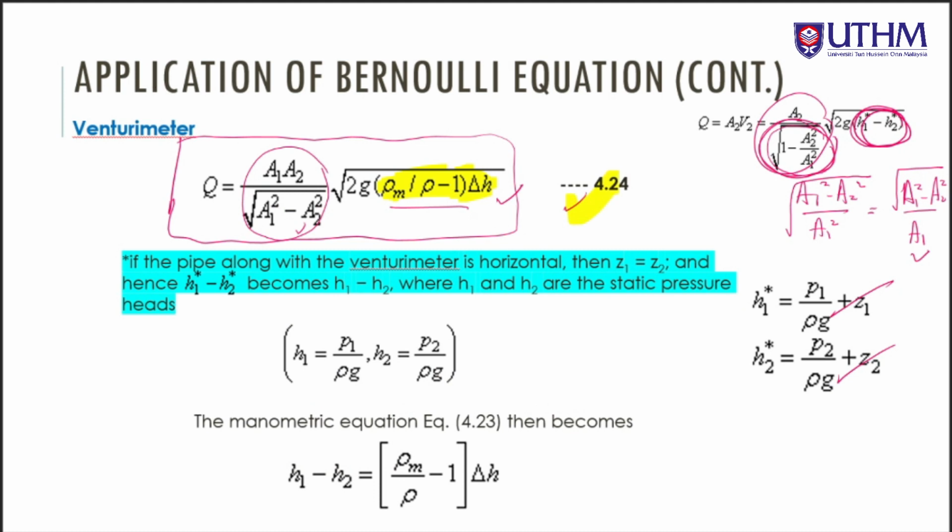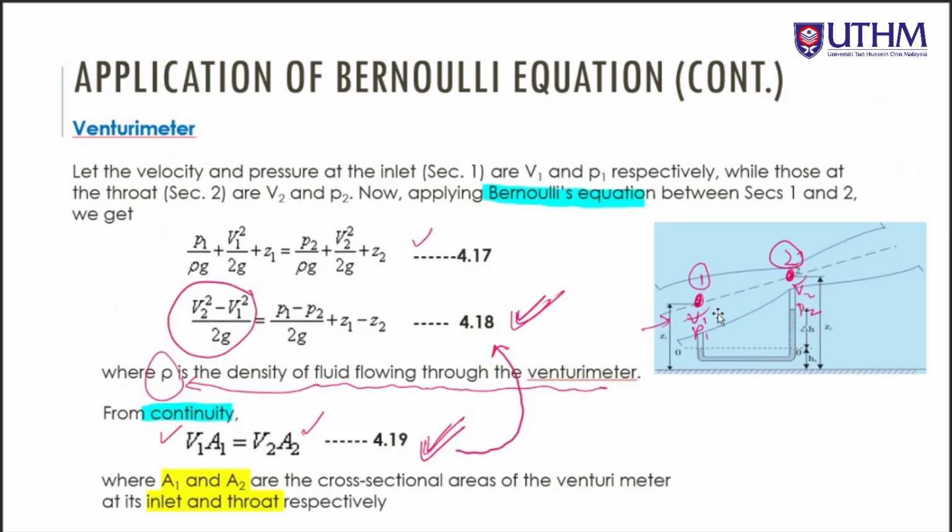Okay, so dia kata kat sini ni benda penting if the pipe along the venturimeter is horizontal, kan sekarang disebabkan dia ada Z1 and Z2, disebabkan dia punya position ada elevation, kan? Point 1 and point 2 ni dia tak sama dalam satu line.